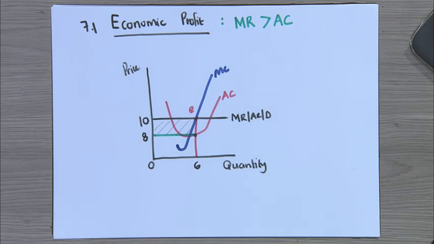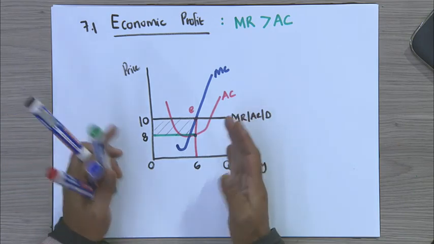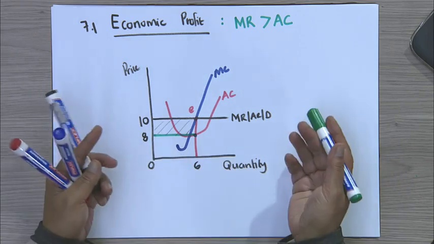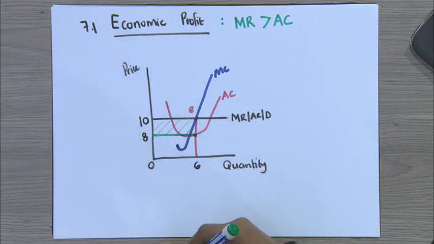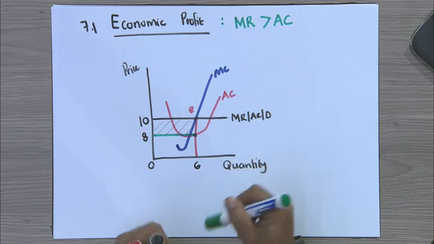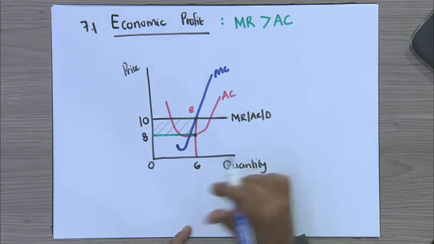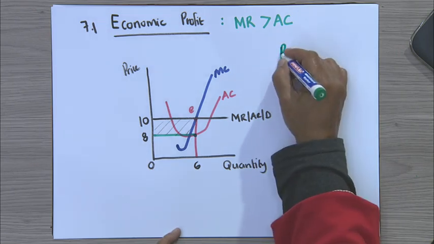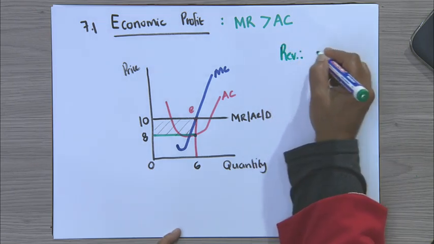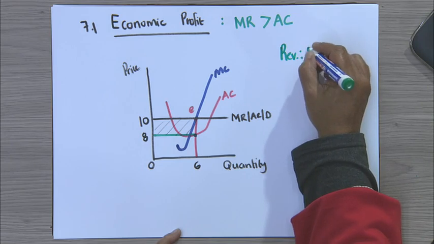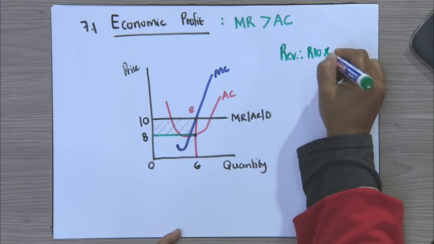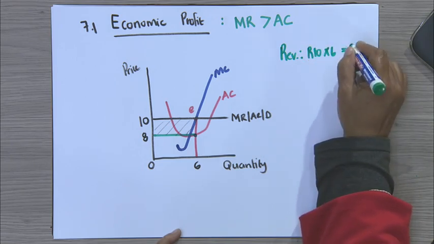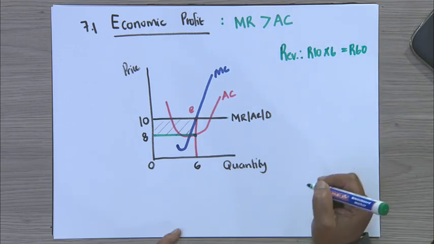So how do I know that this is a profit? So I can explain this. So there are 6 units being produced, right? So the revenue, or the income earned, right? The revenue is going to be the 10 rand times the 6 units, which is going to be 60 rand.